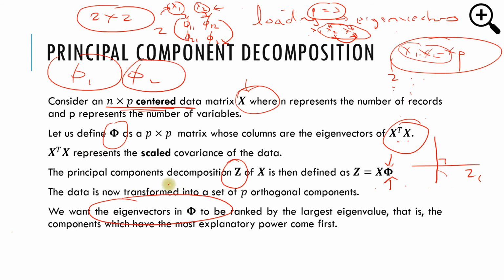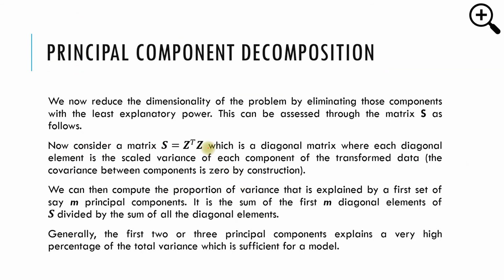So when you've got your matrix Z, what we want to do is consider the matrix S, which is Z transpose Z. Remember that earlier we did X transpose X. The eigenvector of X transpose X is what gave us our phi matrix.